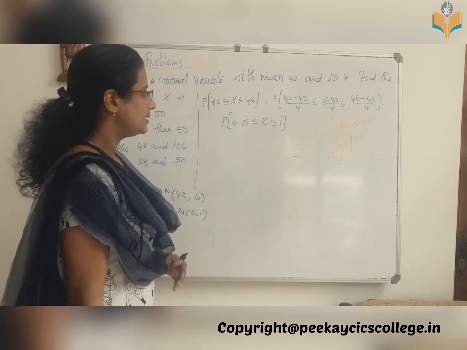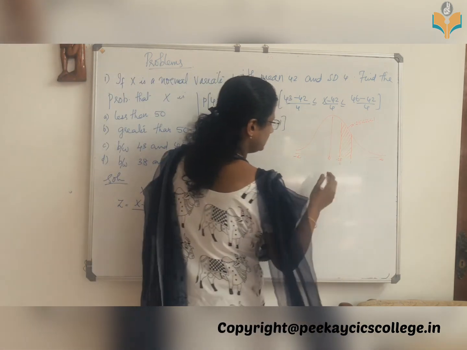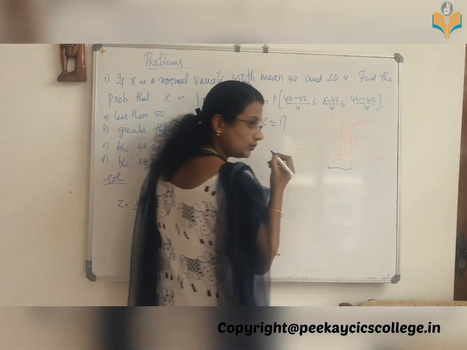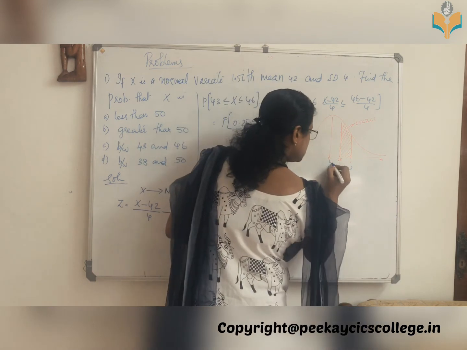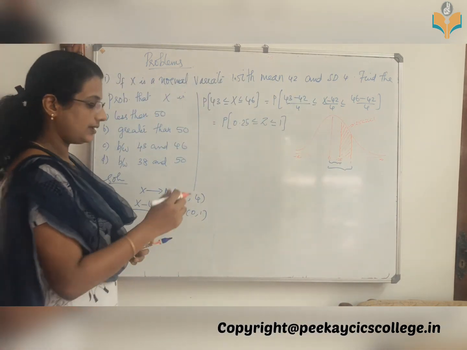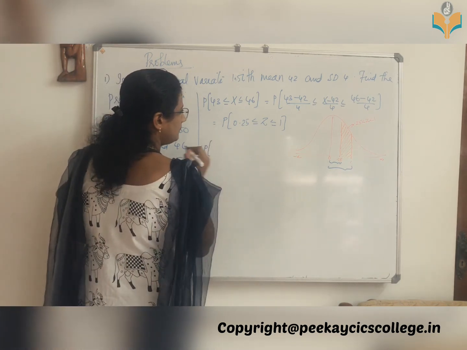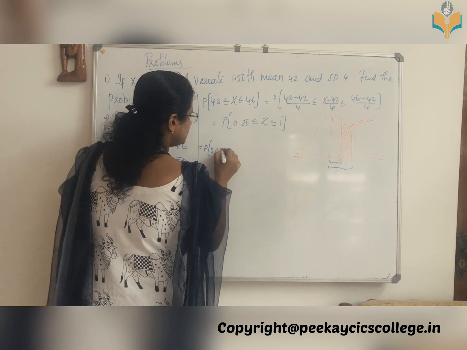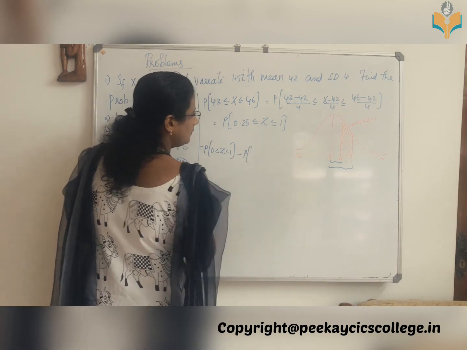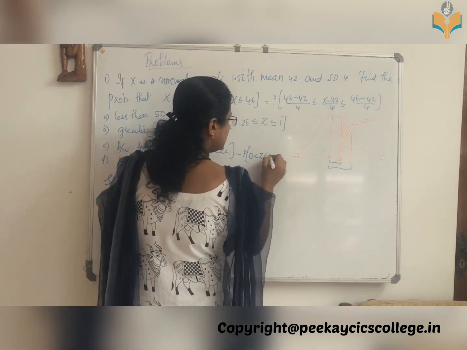ഓക്കെ, സോ വാട്ട് വിൽ വി ഡു? ഇത് കണ്ടുപിടിക്കാൻ എന്താ ചെയ്യുക? 0 to 1 വരെയുള്ള ഏരിയയിൽ നിന്ന് 0 to 0.25 വരെയുള്ള ഏരിയ മൈനസ് ചെയ്താൽ മതി. ഓക്കെ, സോ വി ക്യാൻ റൈറ്റ് ദിസ് ആസ് probability of 0 less than z less than 1 minus probability of 0 less than z less than 0.25.